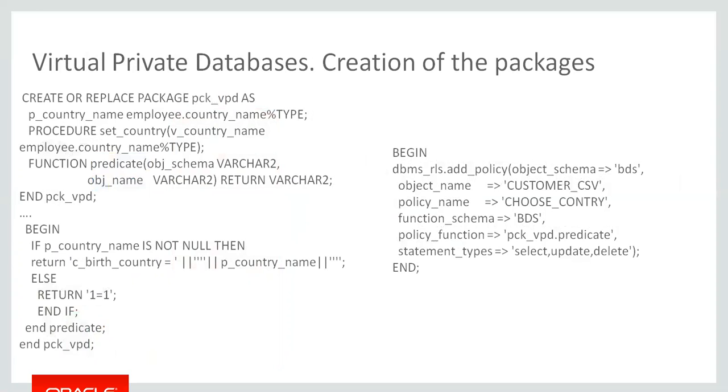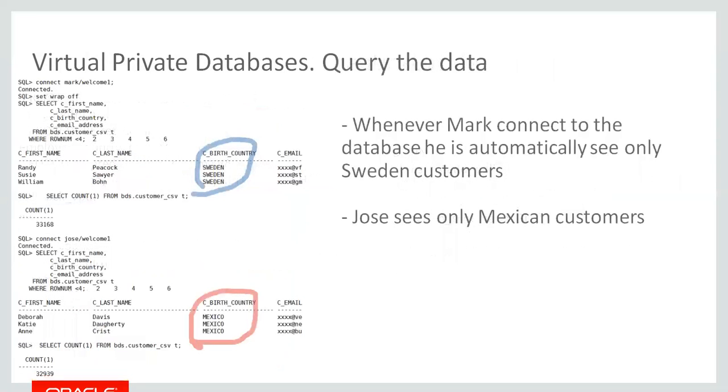I don't show you the full list of the PL SQL packages. It's a bit more complicated than data reduction, but it's still easy. After those 2 PL SQL packages, you connect as Mark, and select everything from this table. We find that Mark can query only the Swedish customers, about 33,000.